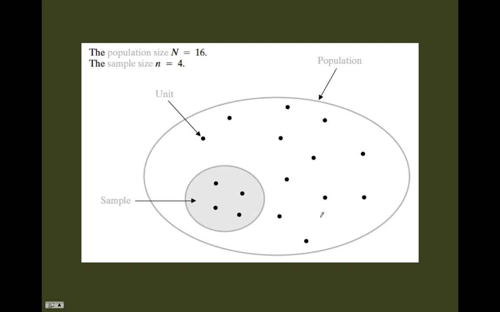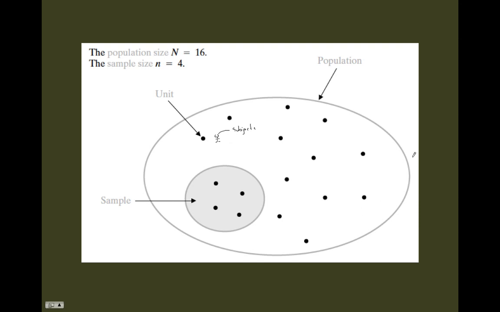Here's a Venn diagram that gives a sort of overview of how this idea is going to work. Now, the large ellipse here represents the entire population. So each member of the population is a unit, and if the units turn out to be people, then we call those units subjects.